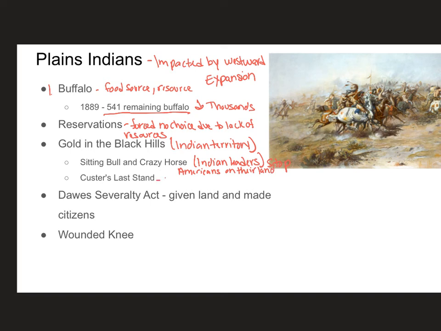So General Custer came to the Black Hills with troops. They were in an altercation. They got into a fight with Sitting Bull and Crazy Horse.